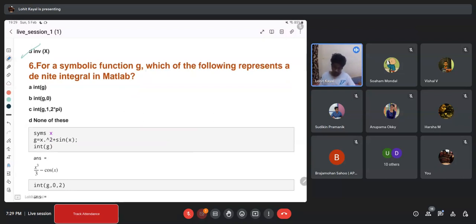For a symbolic function g, which of the following represents the definite integral in MATLAB? In order to get there, let's first do a quick recap of our school-level calculus. Suppose the integral of f of x dx, this is indefinite integration.